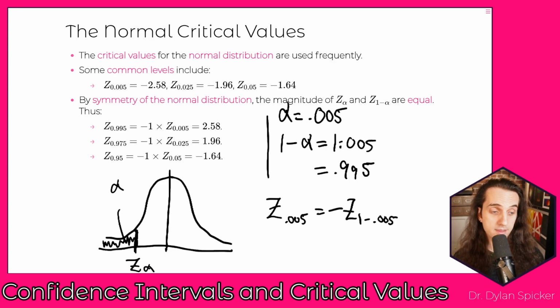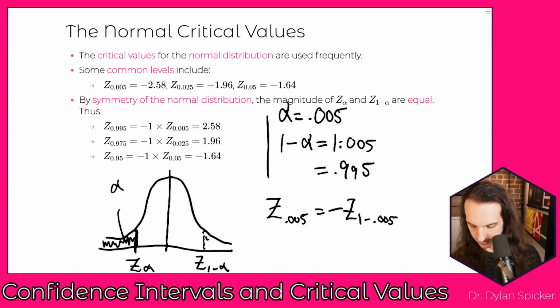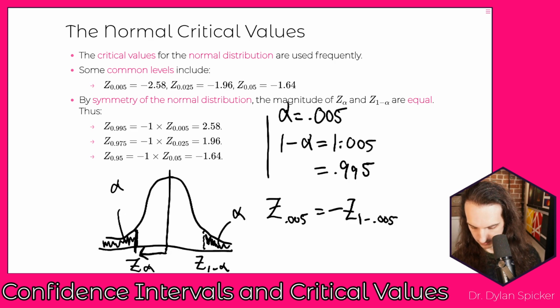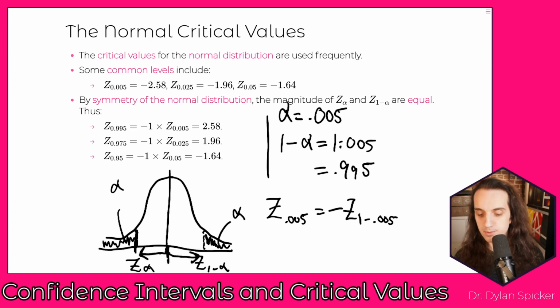Well, we saw with the previous diagrams that if you wanted to find Z of 1 minus alpha, you're going to be putting alpha above it. And so we can come in and put Z of 1 minus alpha over on this side, and that's going to have alpha up here. Then because there's a symmetry to the normal distribution, that's going to be the same distance away. So this distance right here is equal to that distance right there. That's what we're saying by this.